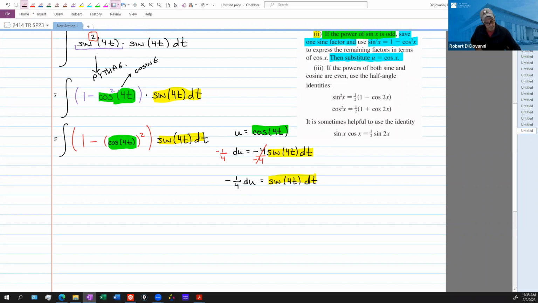All right, I'm ready for the new integral. It's going to be parenthesis 1 minus, now I'm replacing cosine of 4t with u, but that needs to be squared. And then everything in yellow gets replaced with negative 1/4 du. That negative 1/4, I'm going to pull out of the integral.